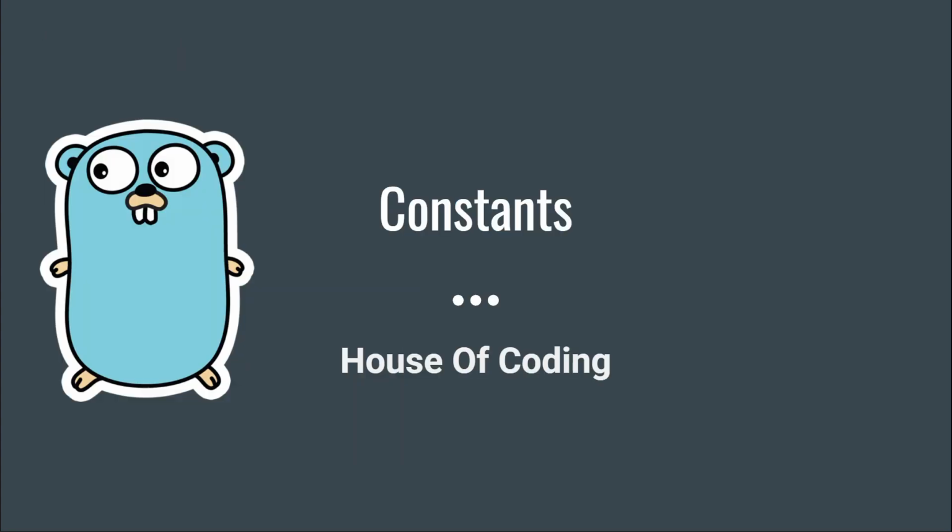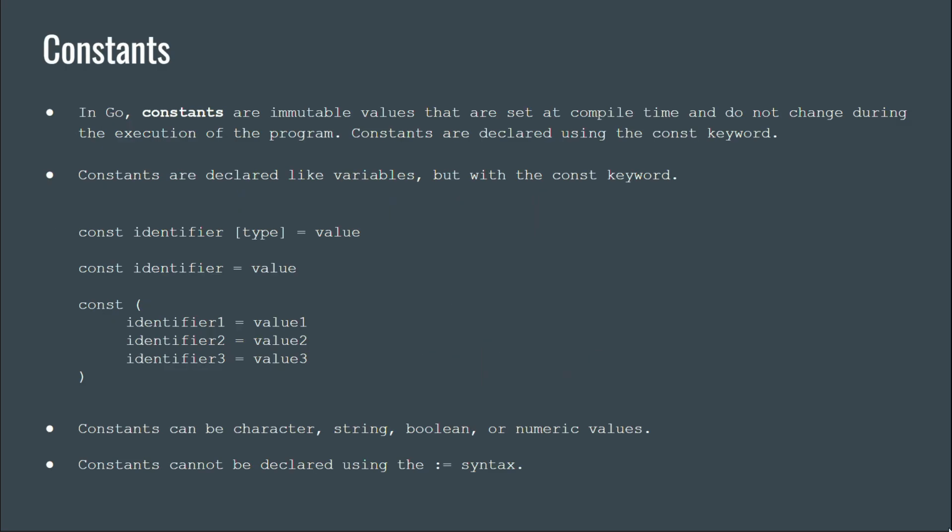Constants in Golang. In Go, constants are immutable values that are set at compile time and do not change during execution of the program. Constants are declared like variables but with the const keyword. Here I have mentioned three types of const declaration. First we have const declaration with type.